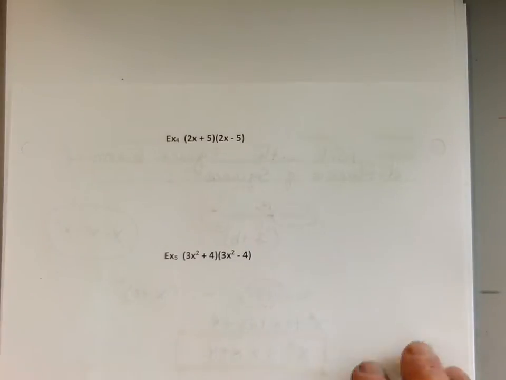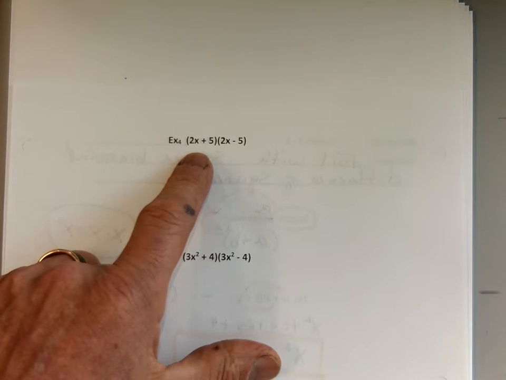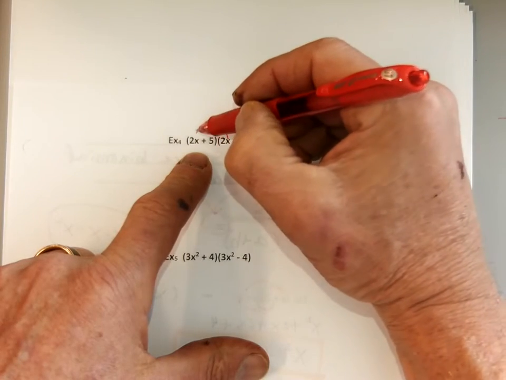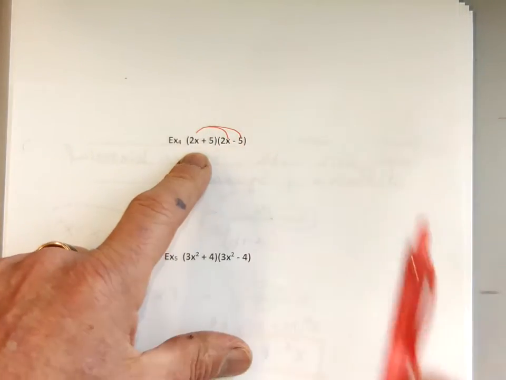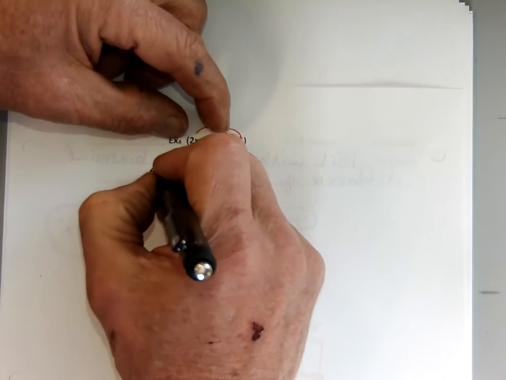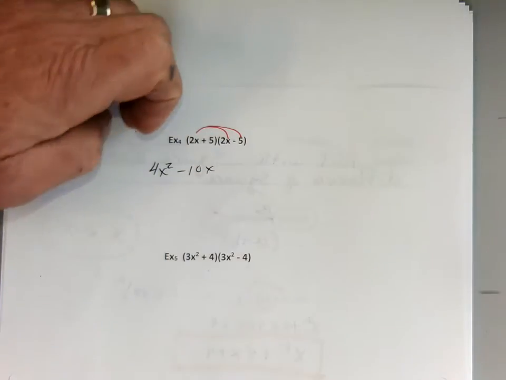All right, now, let's do example 4. 2x times 2x, 2x times negative 5, which should be a 4x squared minus 10x.